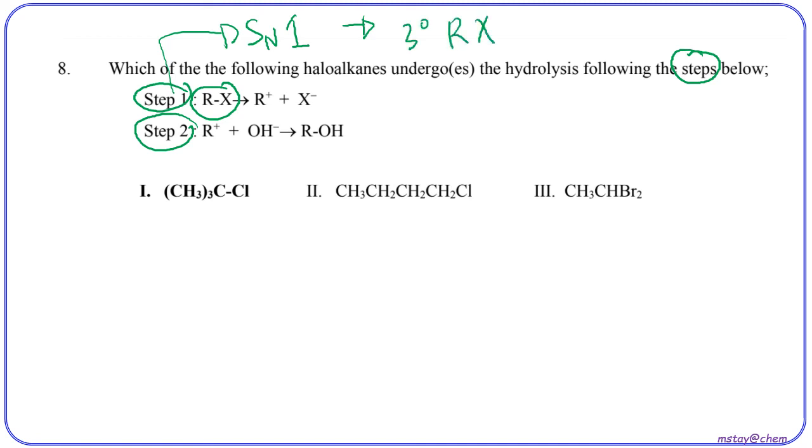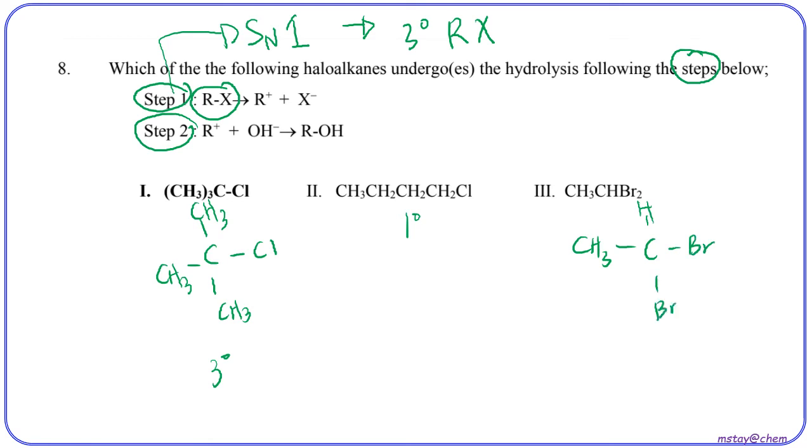When we look at option 1, with CH3 three times, if you slightly expand the structure, option 1 is a tertiary haloalkane. This one is primary, and for this one, CH3, CH, Br, it is also considered primary, not tertiary. So that's why the answer is 1 only.